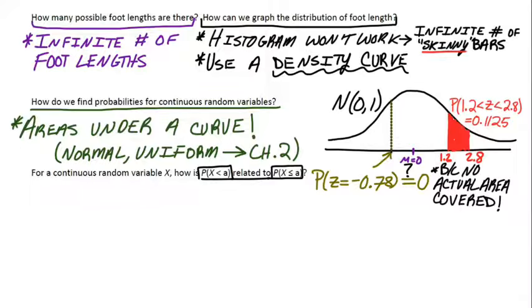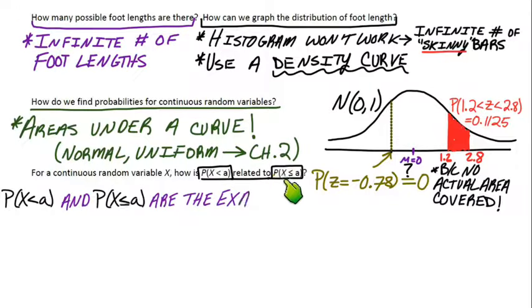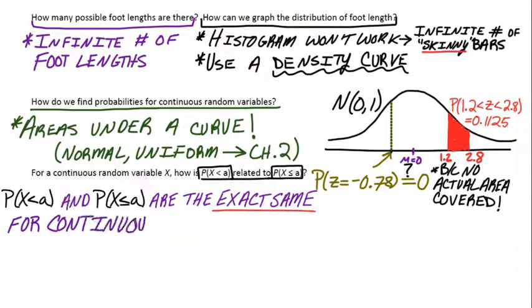So since continuous random variables can't equal a number exactly dead on like that, we can say that these two things, x less than a and x less than or equal to a, those two probabilities are the same. They're going to be the exact same. Whether you say x is less than a or x is less than or equal to a, those say the exact same thing. It's like trying to include the area of a line. It makes no difference.